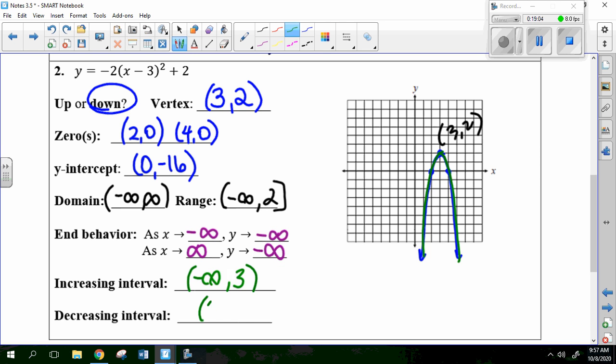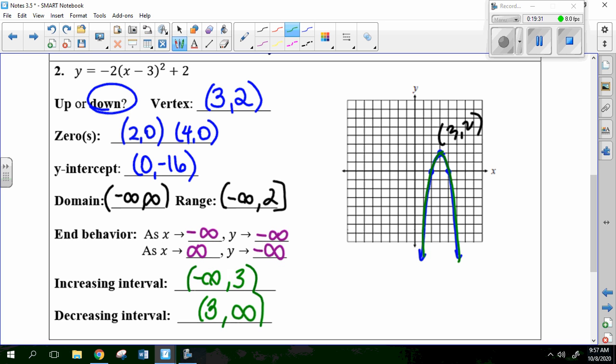So I start again at the vertex, and I always go to positive infinity. I'm not talking about going down. I am because I'm decreasing, but I want to know where I am going to the right. So whichever one happens first, you start with negative infinity. Whichever one happens second, you end with positive infinity. Never mix them up.